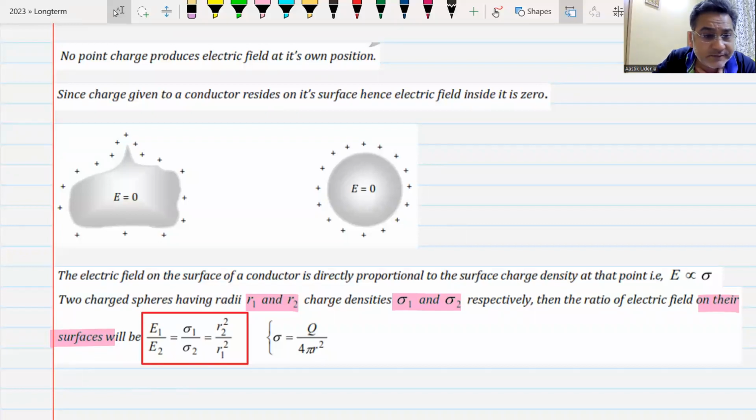Everyone has noted this down? Okay, now let me put all these things in a tabular form.